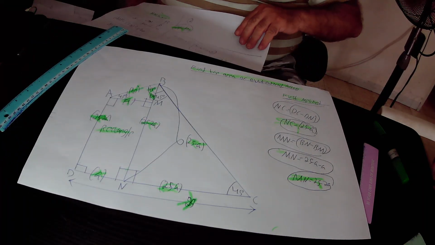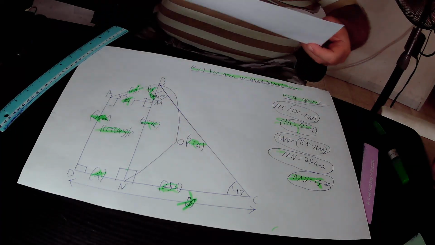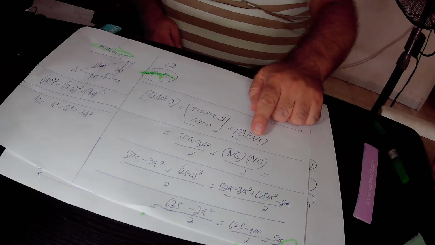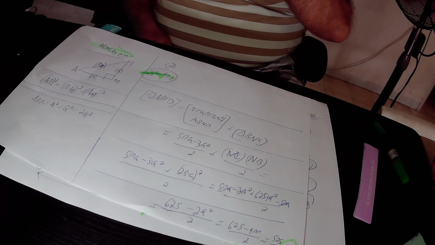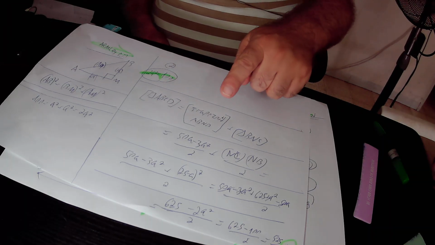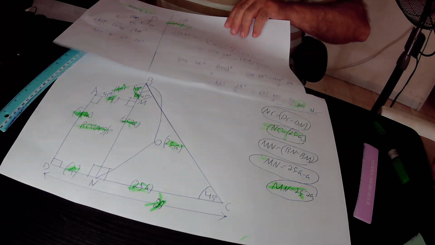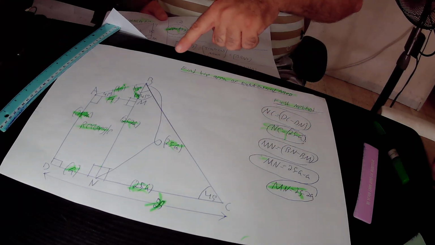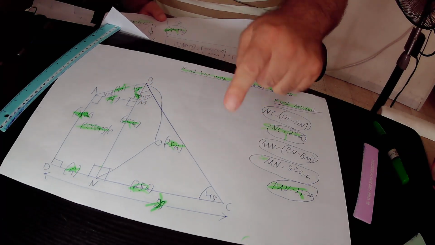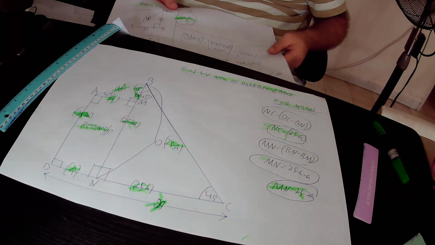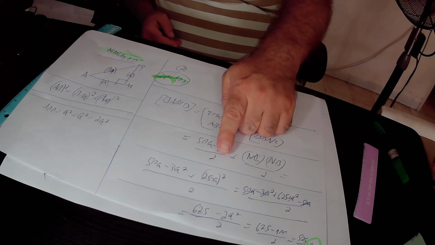What is the area of the right triangle BNC? It equals the base NC times the height BN, over 2. NC is 25 minus A, and BN is also 25 minus A. So NC times BN is 25 minus A squared.